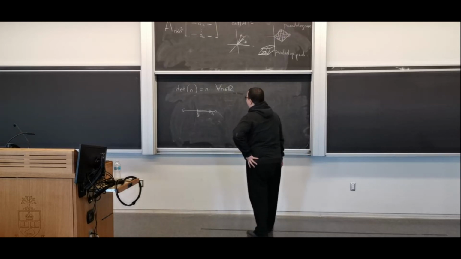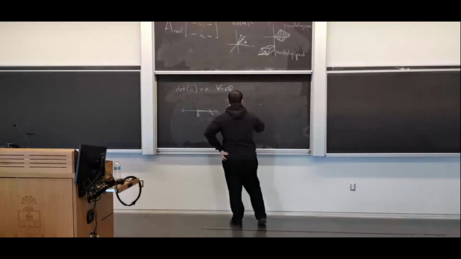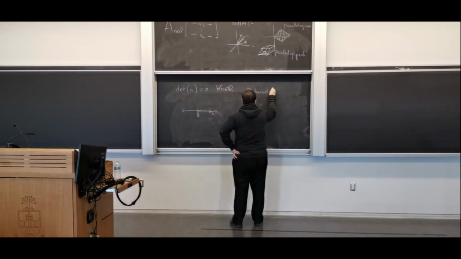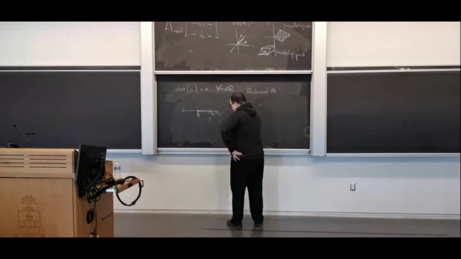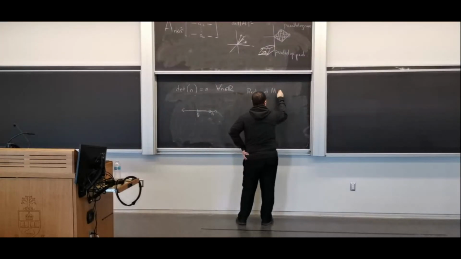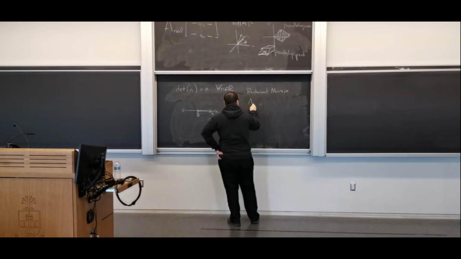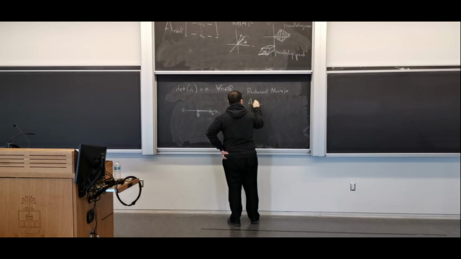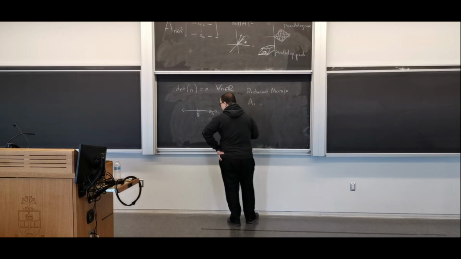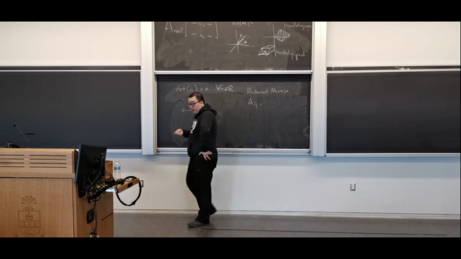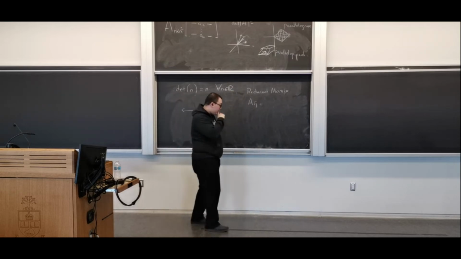So in order to move up to higher dimensions, we have to define something called a reduced matrix. Basically, if I have Aij, because it is capital letter A, you know I'm talking about a matrix here.